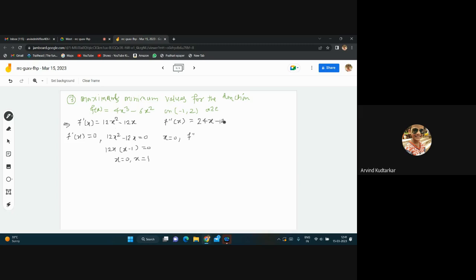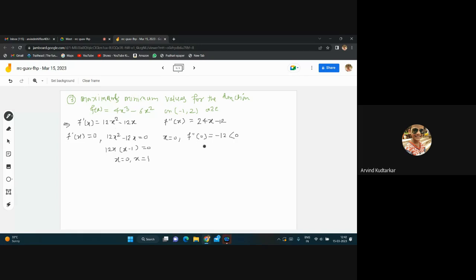Not 24x only. So f double dash of 0, second derivative at x is 0, gives -12. And -12 is less than 0. So when the double derivative at the value of x is negative, less than 0, the value of the function is maximum.